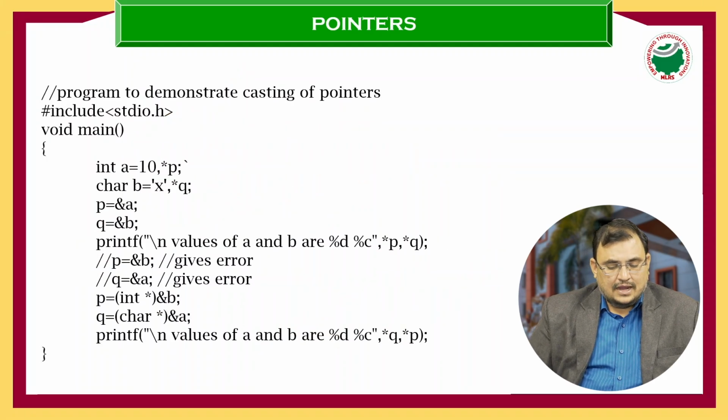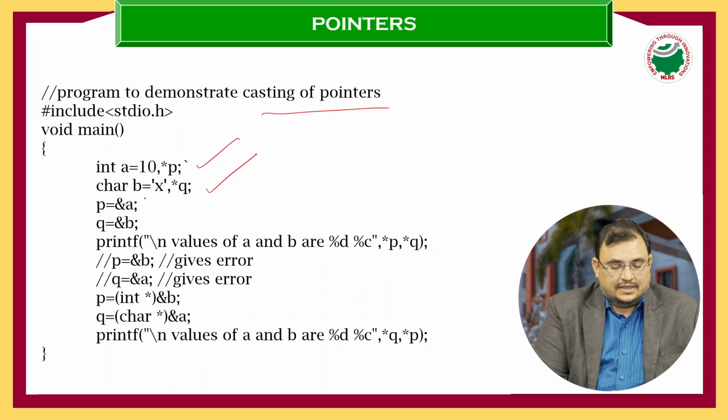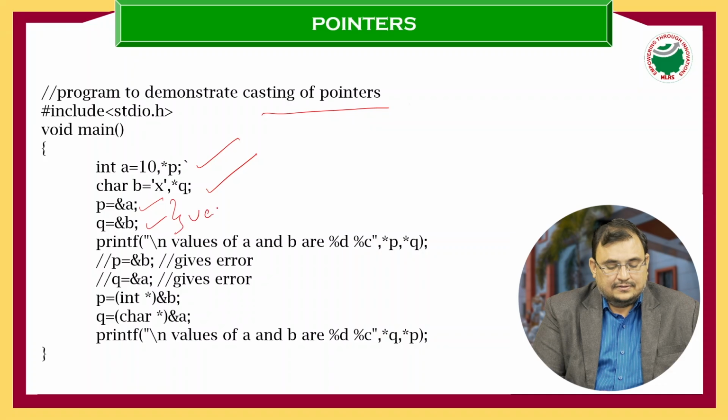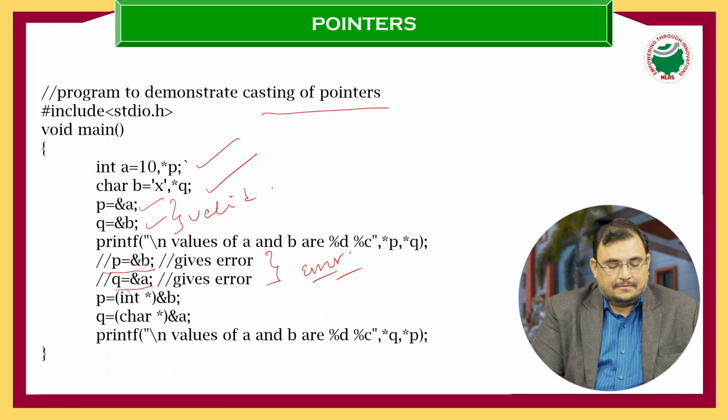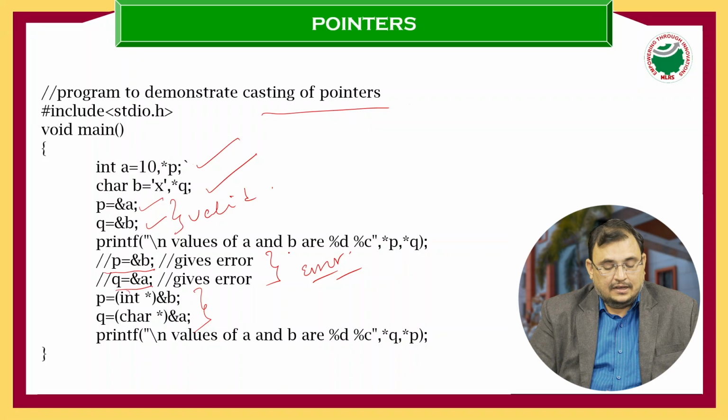Consider a program demonstrating the casting of pointers. See here, star p is an integer pointer, star q is a character pointer. What are you doing here? You are assigning the address of a to the integer pointer; that is valid. But if you assign p is equal to ampersand b, q is equal to ampersand a, they are errors, because p is an integer pointer but points to the address of a character variable, and q is a character pointer that points to the address of an integer variable, which gives an error. This error can be eliminated by writing the same statement using the cast operator.